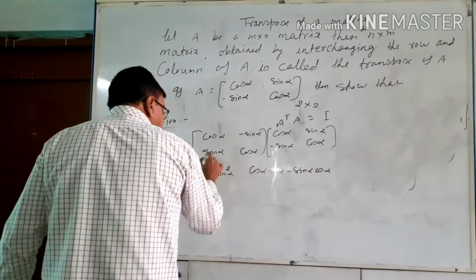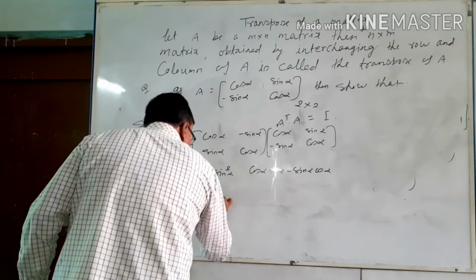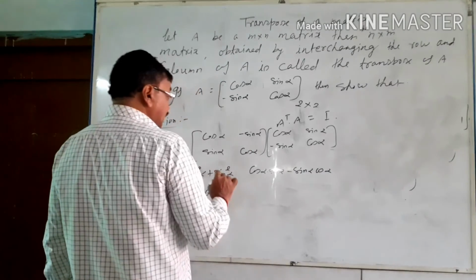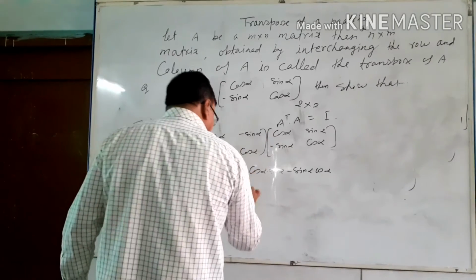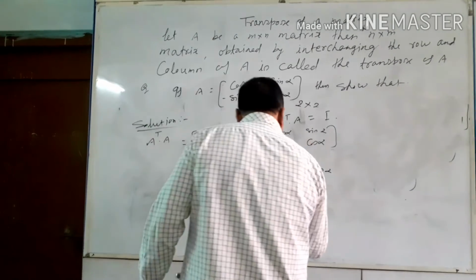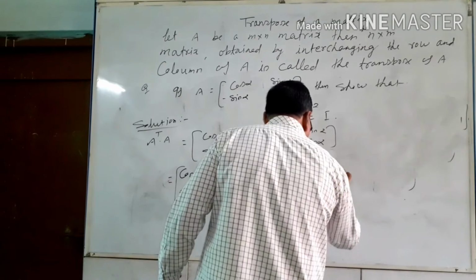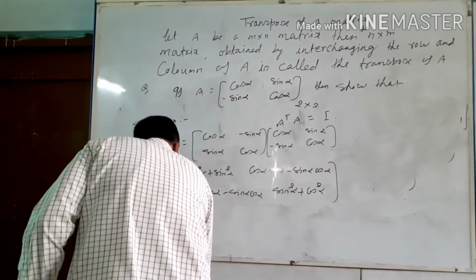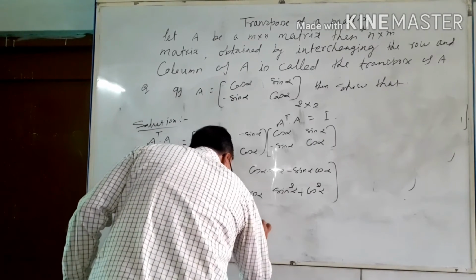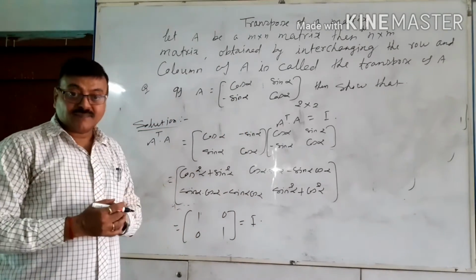Second row, first column: sin alpha cos alpha minus sin alpha cos alpha. Second row, second column: sin square alpha plus cos square alpha. That becomes 1 0 0 1, equal to I. So that is the solution.